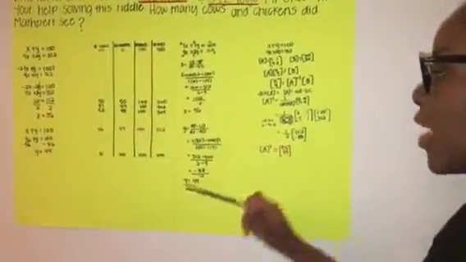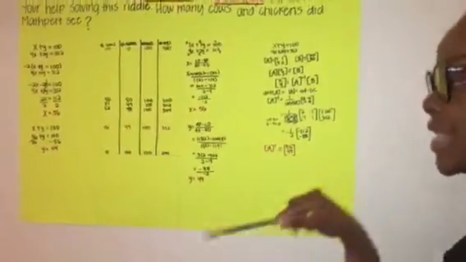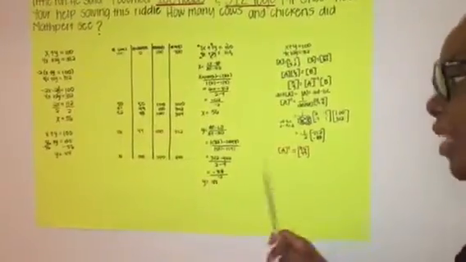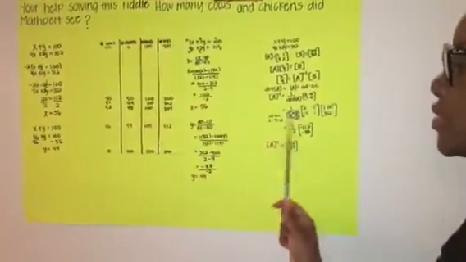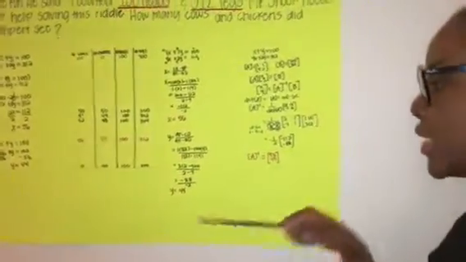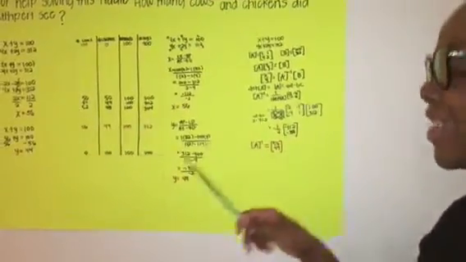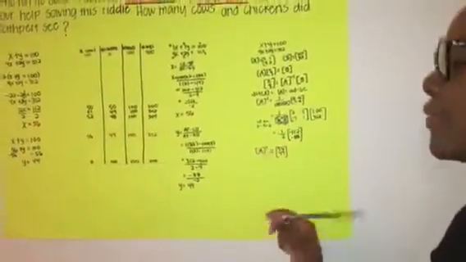And then to find y, you have a times f minus c times d over a times e minus b times d. And then that is equal to 1 times 312 minus 100 times 4 over 1 times 2 minus 1 times 4. And that is equal to negative 88 over negative 2. And then y is equal to 44.